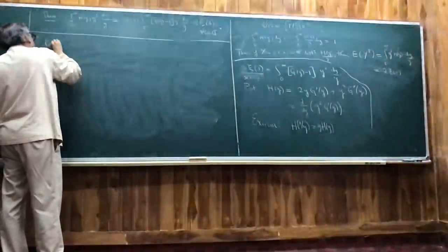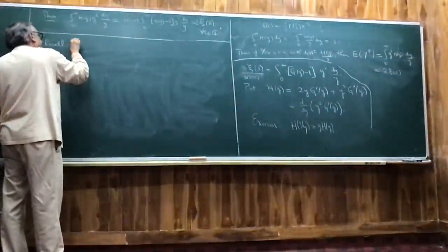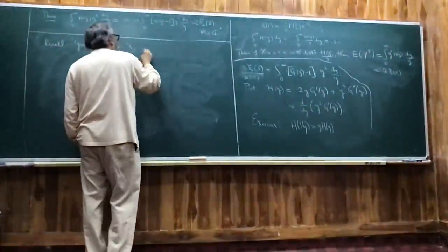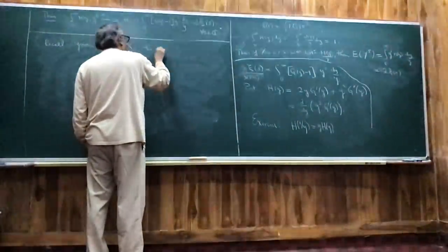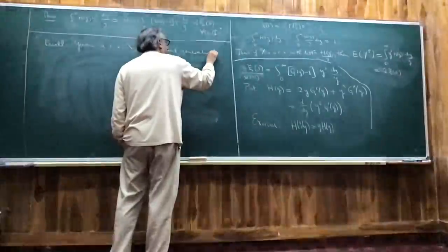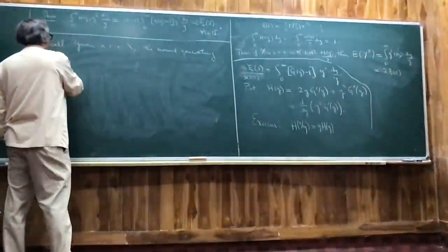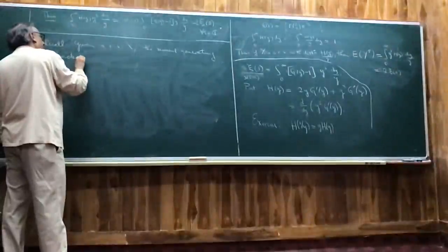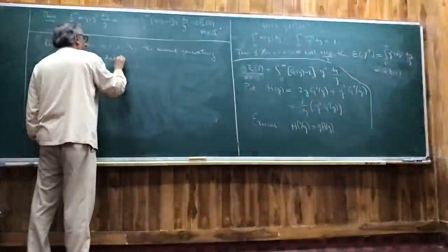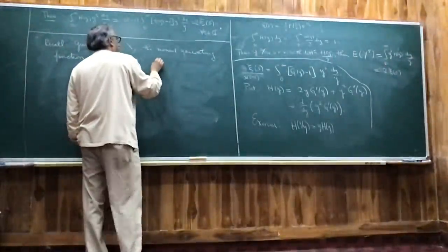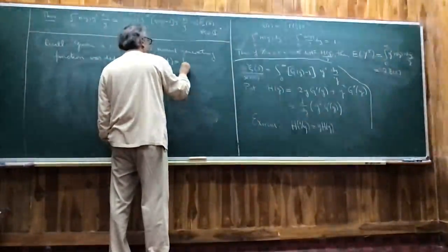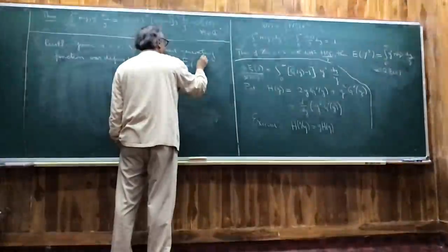Now, recall the following. Given the random variable x, the moment generating function is defined as the expectation of e to tx.